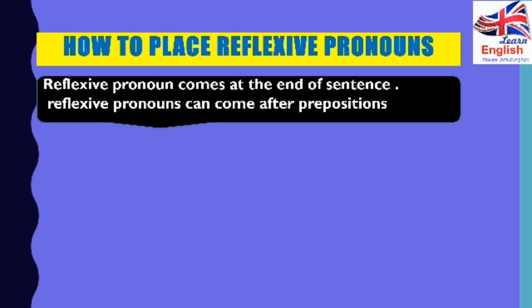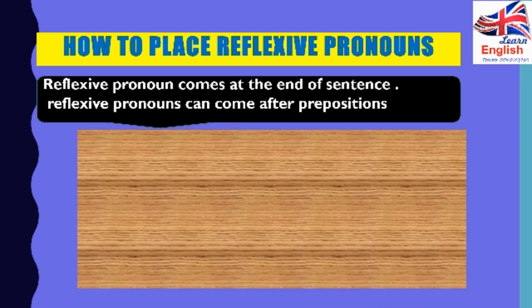Let's see examples. I can do it by myself. So in I can, I is the subject pronoun, and myself comes at the end of the sentence.